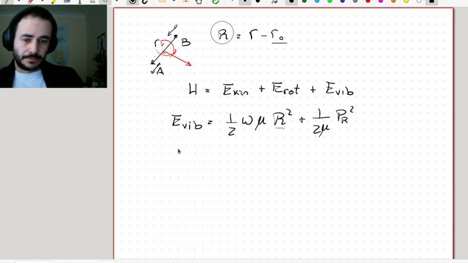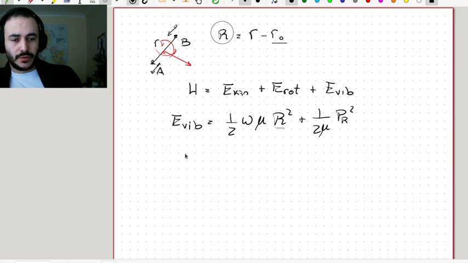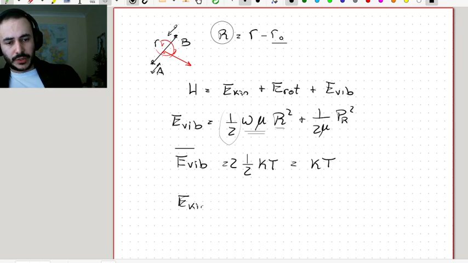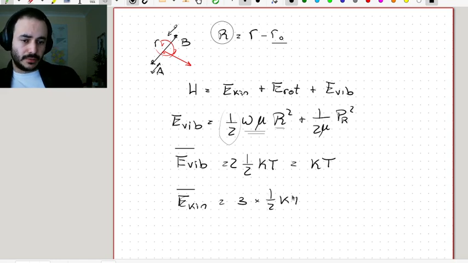Okay, so from what we know from the equipartition theorem, if we calculate the average in thermal equilibrium of this vibrational energy, we see we have again the usual familiar structure. It's 1/2 some constant and either the coordinate or the corresponding conjugate momentum squared. So each of these two is going to contribute 1/2 of kT, and we have two of those. So what we have here is an additional kT. Remember that when you average the kinetic part, and this we did before, what you get is 3 times 1/2 of kT.